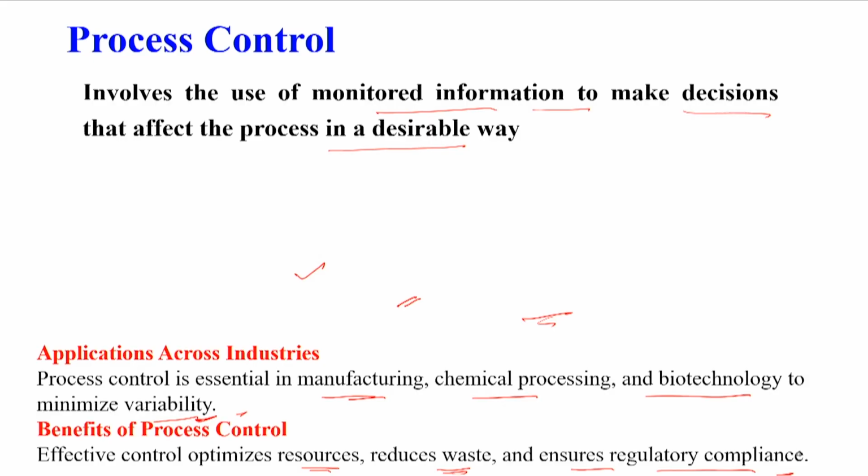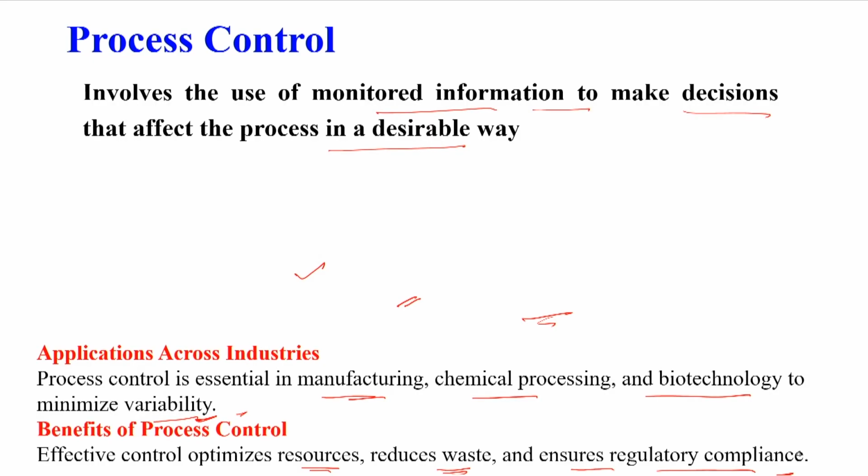So, it is very important to have a good monitoring device, as we discussed in the last lecture, and after the monitoring you have to go for the control. What is the advantage of the control? It improves the quality, it improves the performance, as well as it ensures the safety of the process.